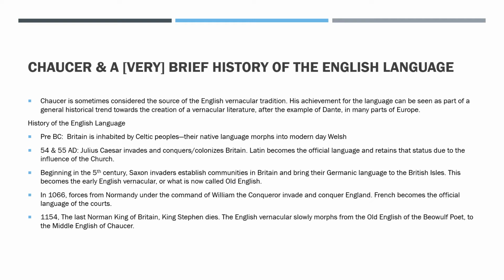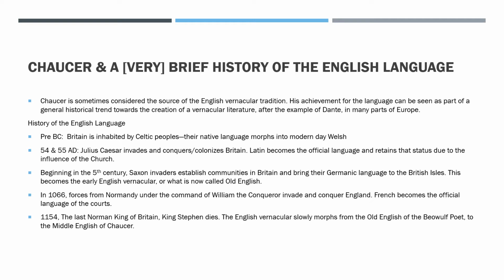He wants to make the English vernacular a literary language. Now, this is complicated because of the history of the English language, which I'm going to give you a very brief rundown of. So, basically, pre-BC, Britain is inhabited by Celtic peoples, and their native language eventually morphs into what we now call Welsh, the modern Welsh language.